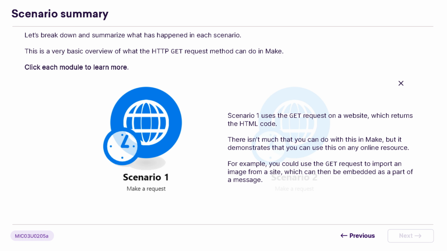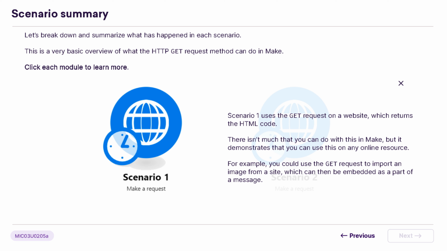In this scenario, we're exploring how the GET request interacts with web resources. When you make a GET request to a website, it fetches the raw HTML code. Think of it as taking a snapshot of the site's structure and content. While this snippet may not seem useful on its own, it highlights the broad applicability of GET requests on the web.